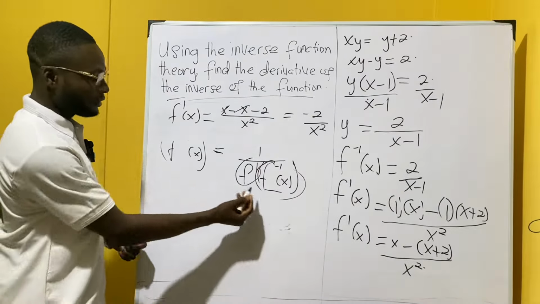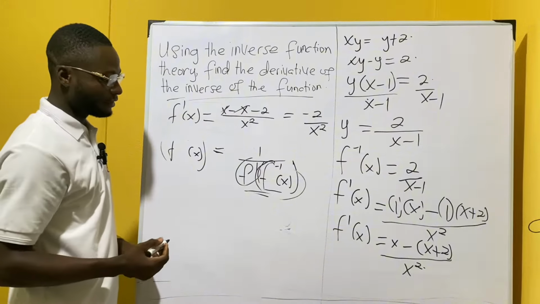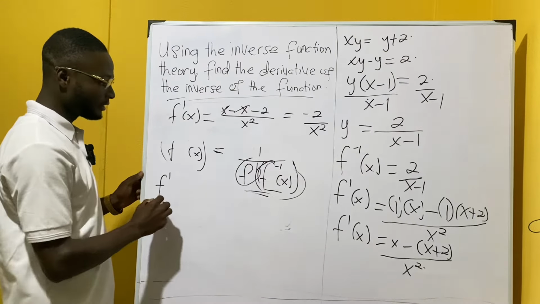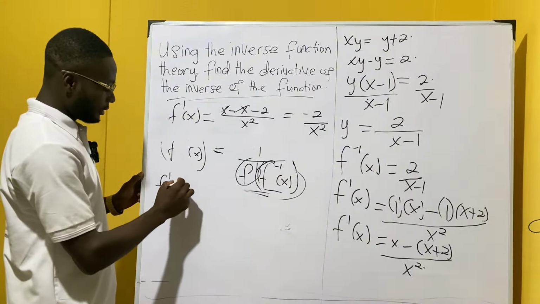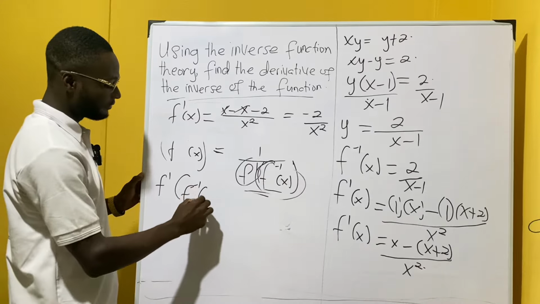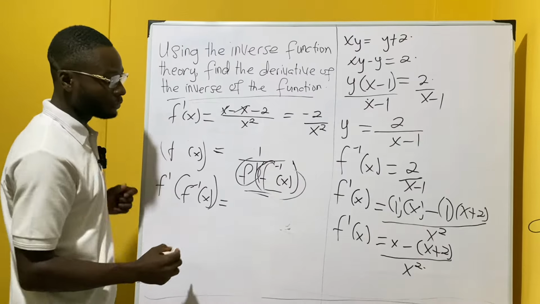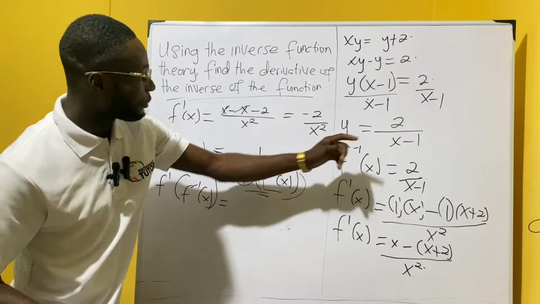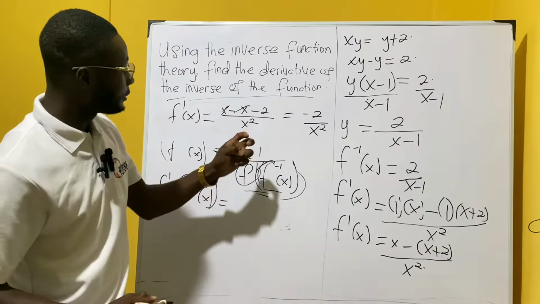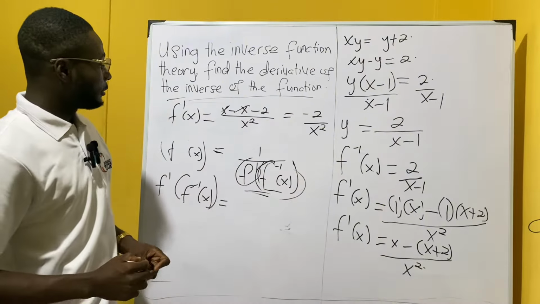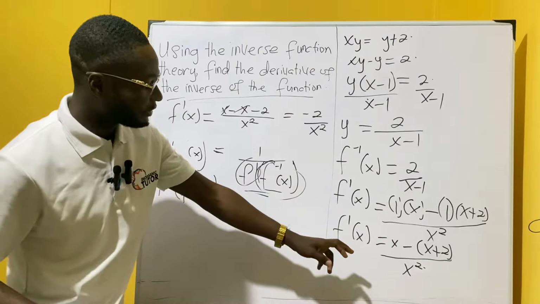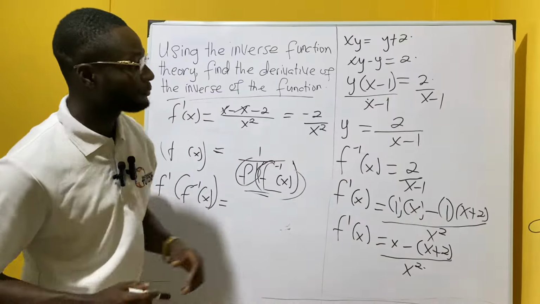So here, let's deal with the denominator first. So the derivative into the first derivative, the inverse of the function, should be equal to, now we are putting the derivative into the inverse. Where is it? Here, right?